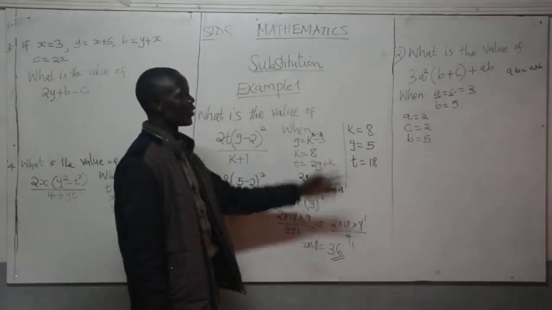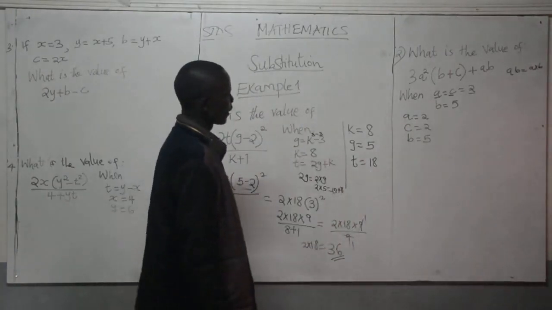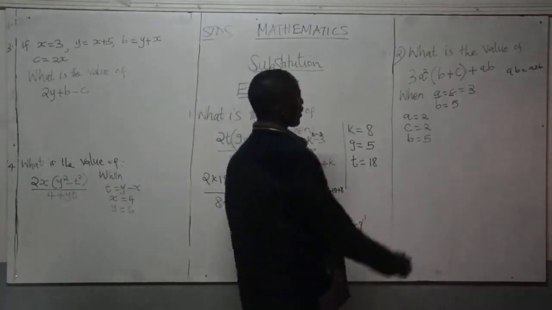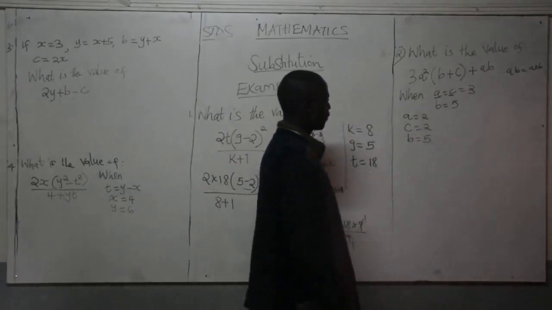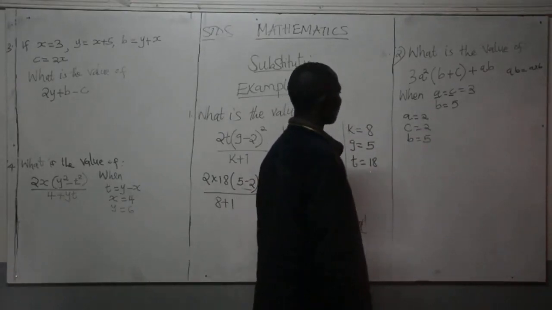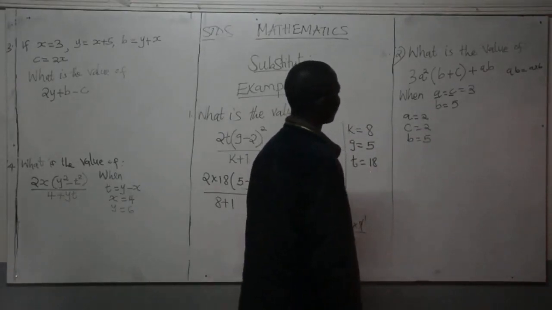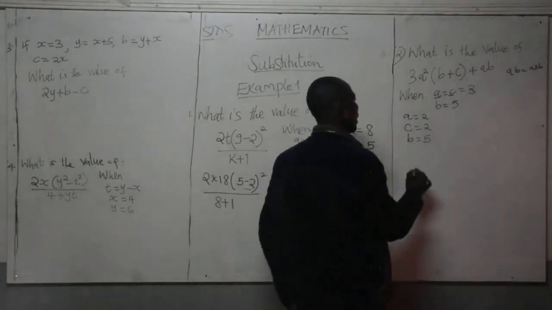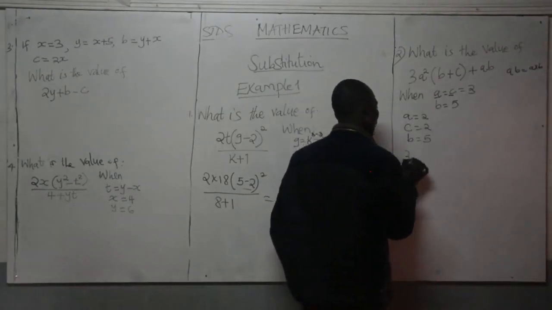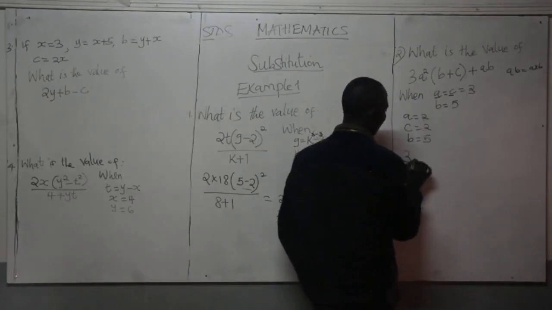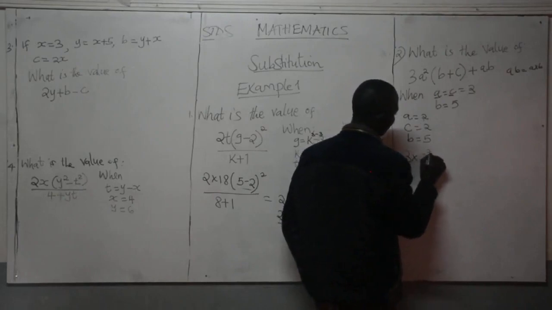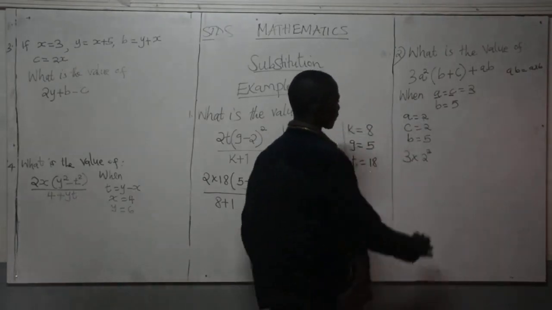We now substitute respectively, so that where there is a, we put 2. Where there is c, we also put 2. Where there is b, we put 5. So in this case, we have 3 times a squared. The value of a is 2, so that is 2 squared.